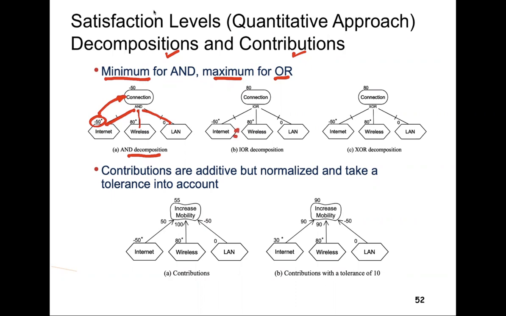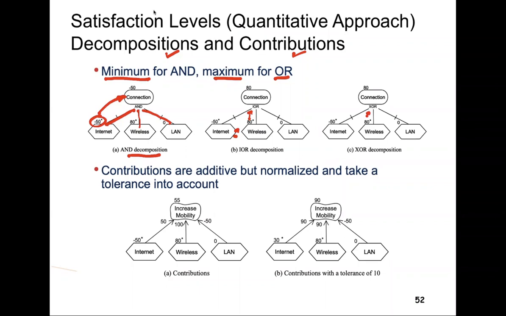For the OR connection, if we assume that the decomposition between the 3 tasks is just OR, we're going to take the max, which is 80. If you're going to do XOR, which is either-or, it's similar to the full satisfaction of one versus the other, so it has to be the one with the max. So we're going to use the 80.